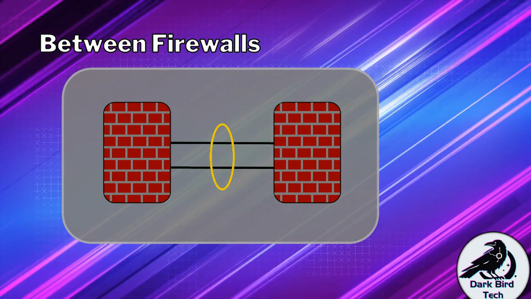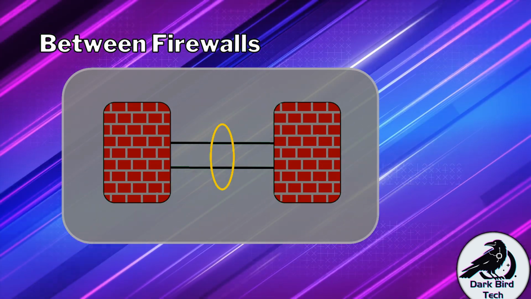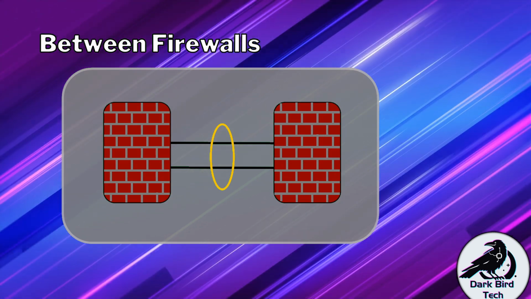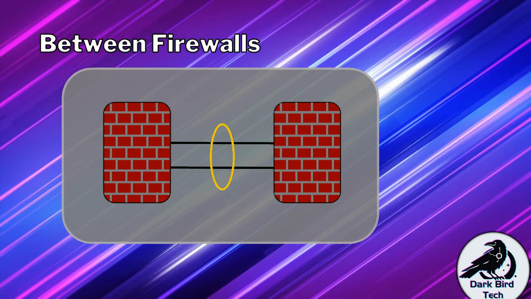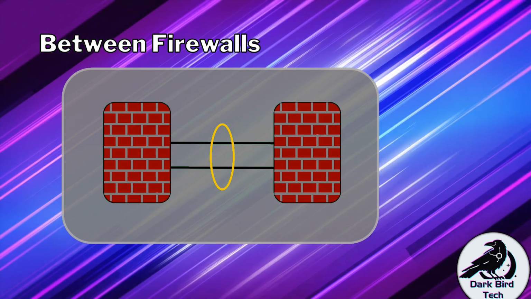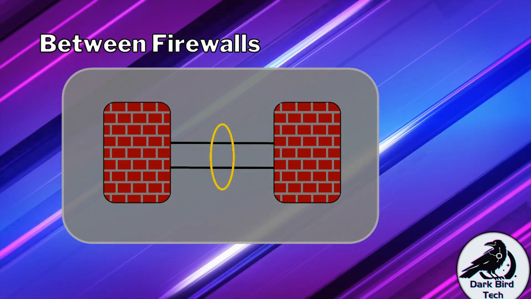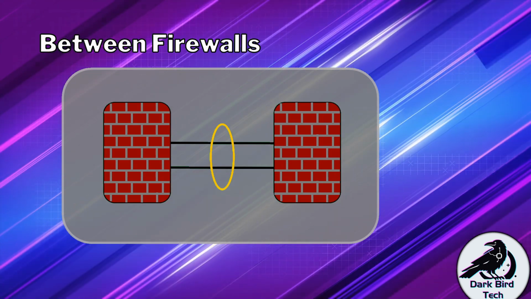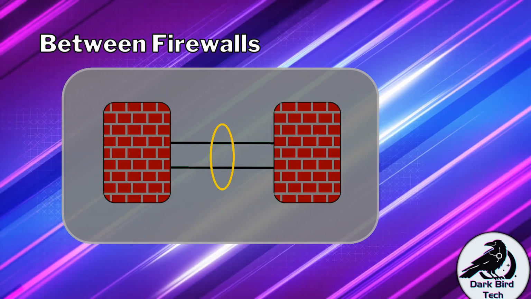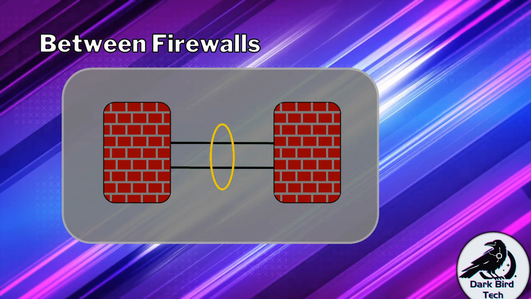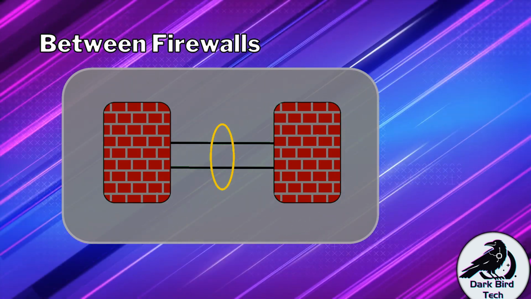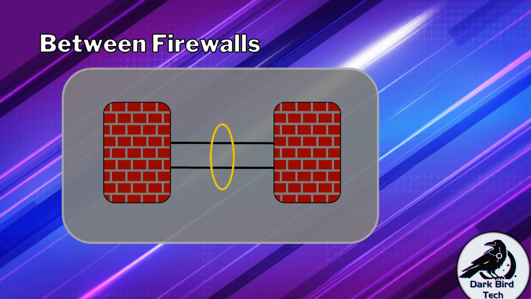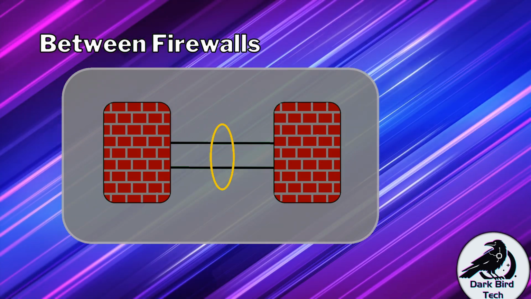Now, the reason why we would do this between two firewalls is there are design practices where we would have two firewalls acting as redundant filtering appliances going into or out of a network. And to make sure that they are working effectively, we would want them to be able to see each other and their status. We call that connection between the two a heartbeat connection. So if one of the firewalls goes down, the other one knows it's gone down and it can kick in and take over the workload.